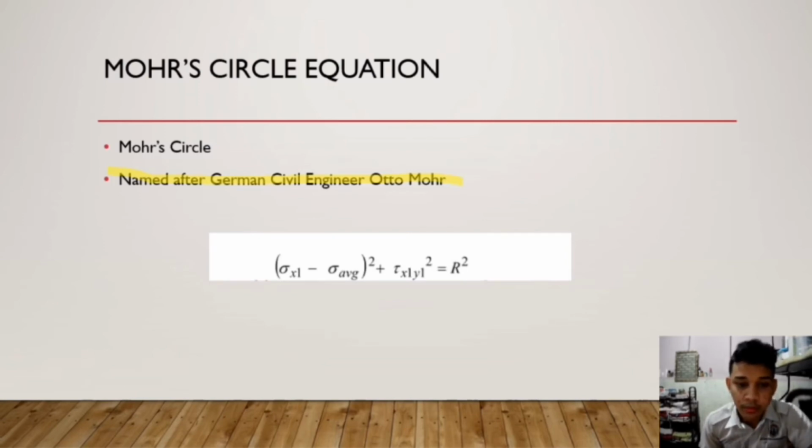So the formula is bracket sigma x1 minus sigma average bracket to the power of 2 plus tau x1y1 to the power of 2 equals R squared. So this is the formula for the Mohr circle equation.